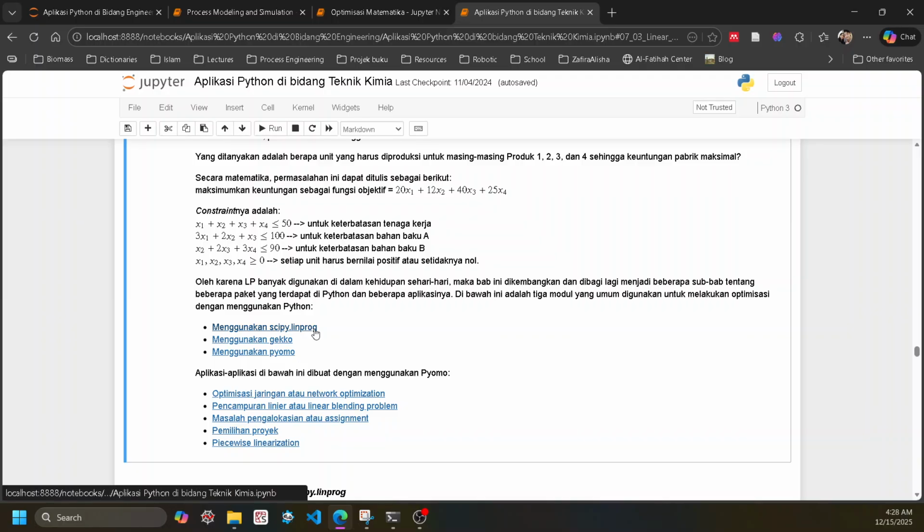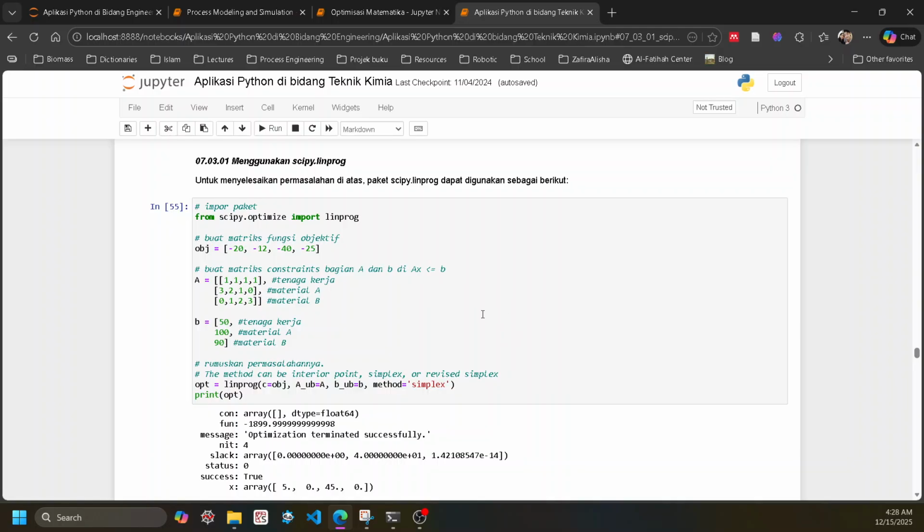So let's see how we use scipy. We first import scipy.optimize and the linear programming package, and then we make the objective function matrix. We have to define it as a matrix. The objective function matrix is basically the profit coefficients, in this case 20, 12, 40, 25.